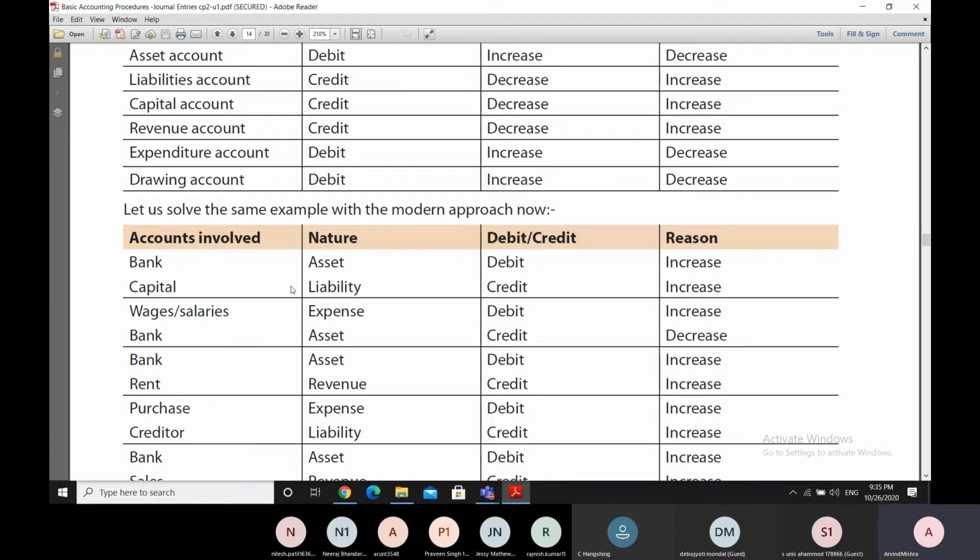Similarly, capital account is in the nature of the liability account, because it is on the liability side of the balance sheet. So whenever a liability account is credited, it is because there is an increase in the liability.